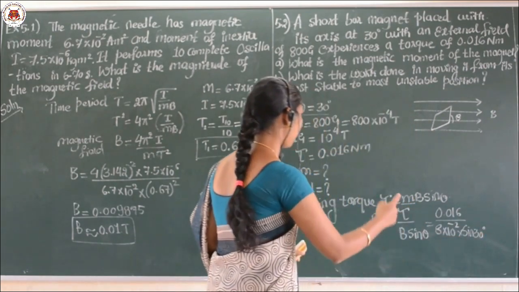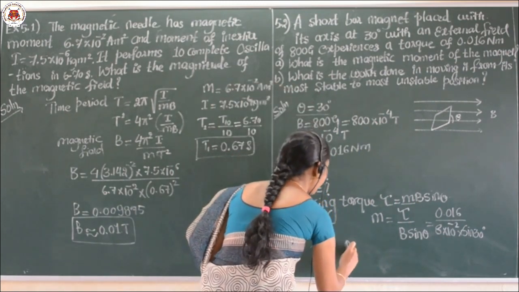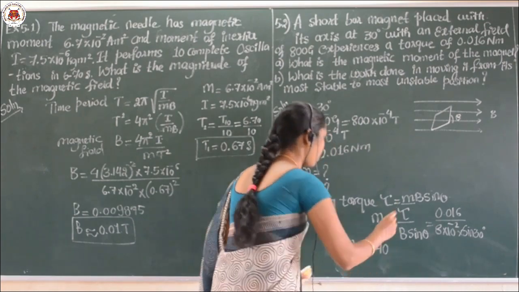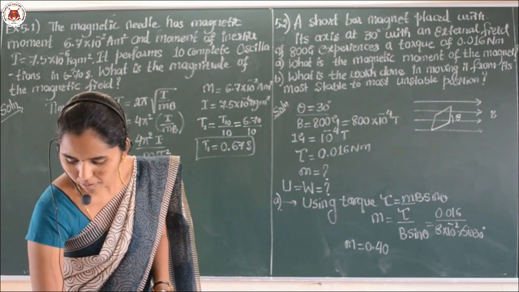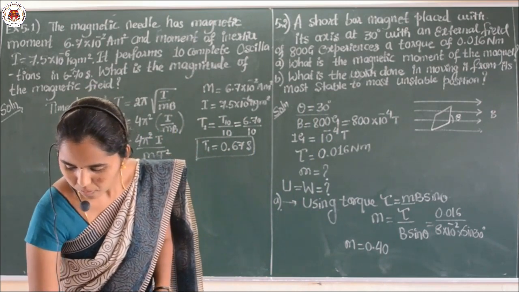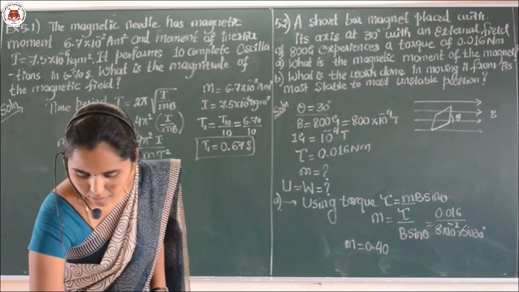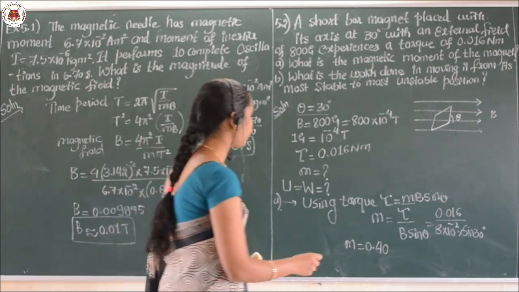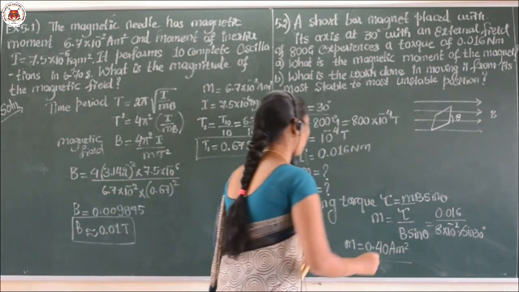So, after the simplification and substitution of the sine value, you get m is equal to 0.40, that is in terms of ampere meter square, right, ampere meter square.